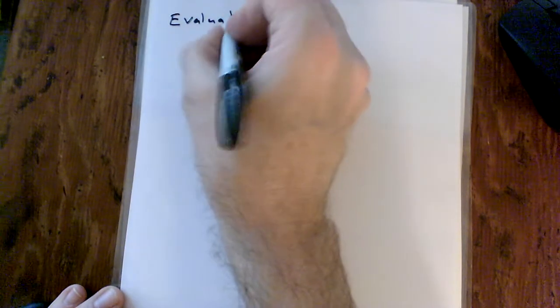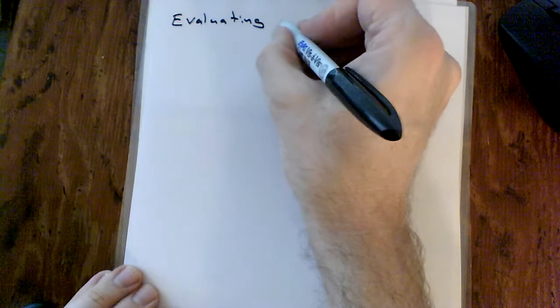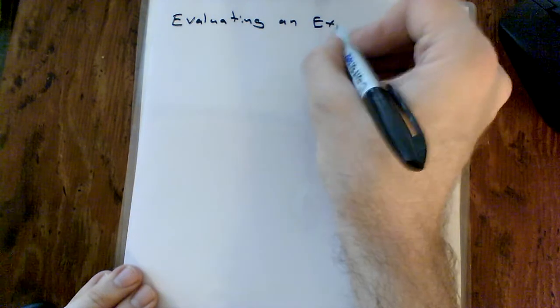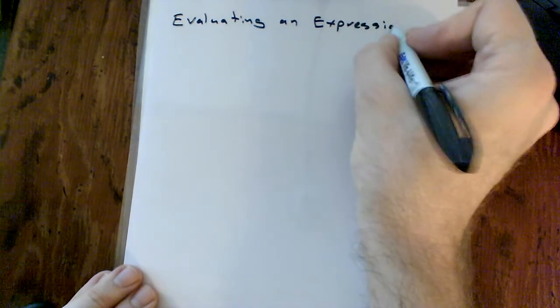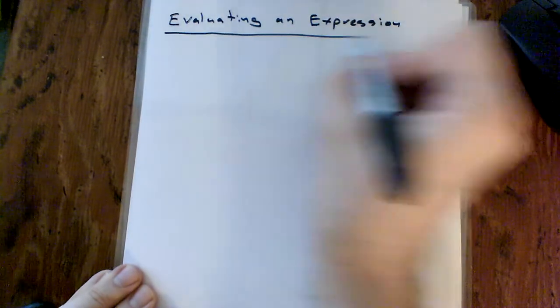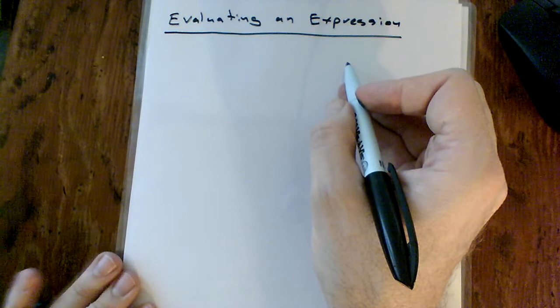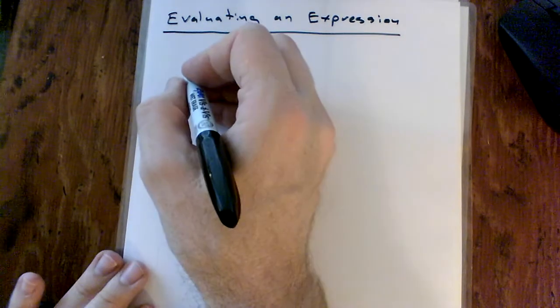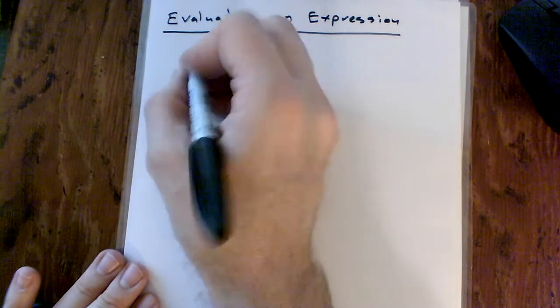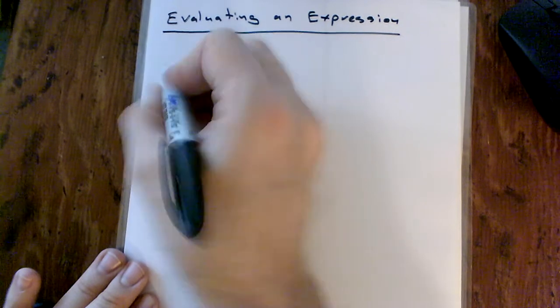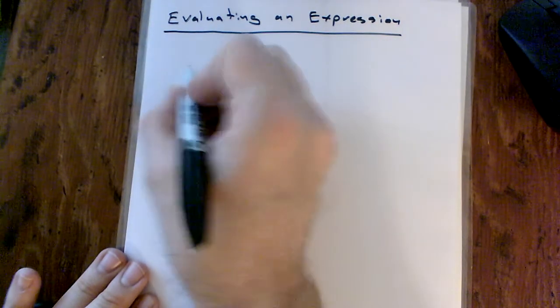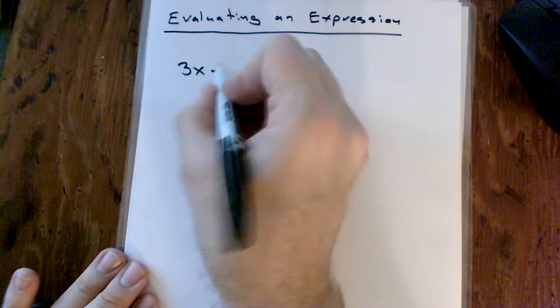But if we're evaluating an expression, what's going to happen is we're going to be given the value of one of our variables. And you might, in fact, have more than one. Say we've got an expression like 3x minus 1.